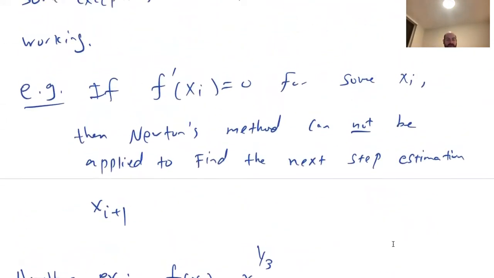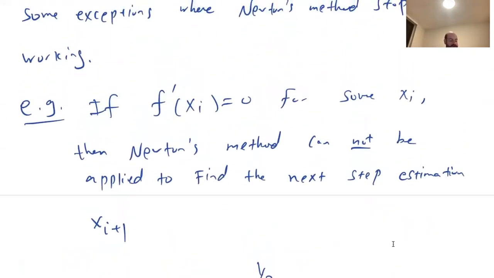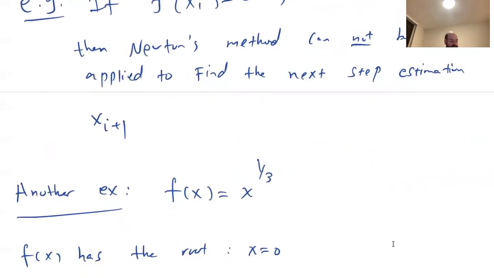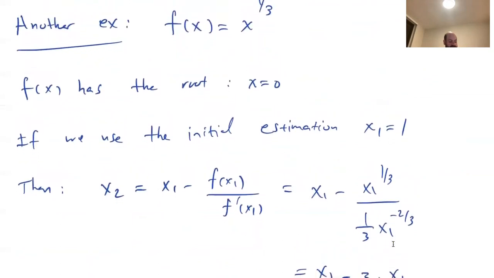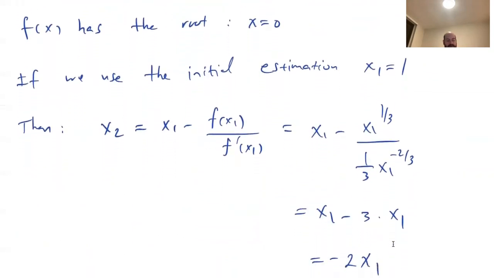So we saw one case where Newton's method stops working is if f prime of xi is 0 for some xi. Another example is this: f prime is not 0 for any of the xi's, but still Newton's method does not work, because it does not give us an estimation for a root. Rather than getting closer and closer to the root, the values of xn are getting farther and farther from the root.